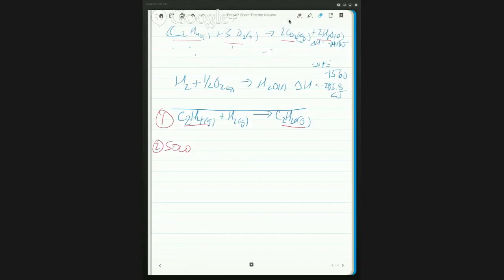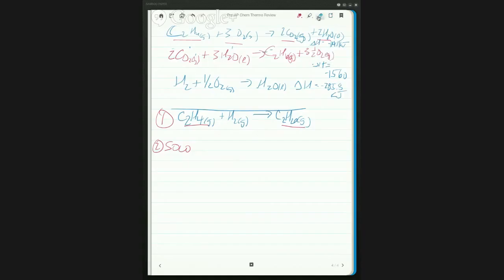I'm going to make it red so that you know that I flipped it. So I have 2 CO2 as a gas plus 3 H2O as a liquid yields C2H6 as a gas plus 3.5 O2 as a gas.